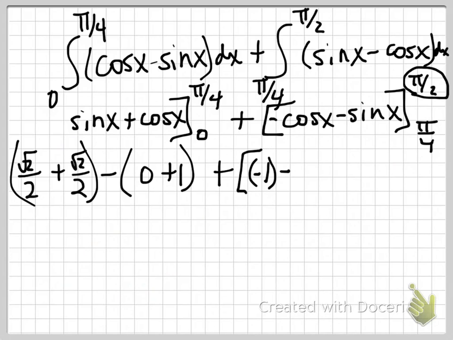Cosine of pi over 2 is 0, so it'd be negative 0, but that's really just 0. Minus sine of pi over 2, which is 1, so that'd be 1. And then again minus. When I plug in pi over 4, I'm going to have negative square root of 2 over 2 minus square root of 2 over 2.